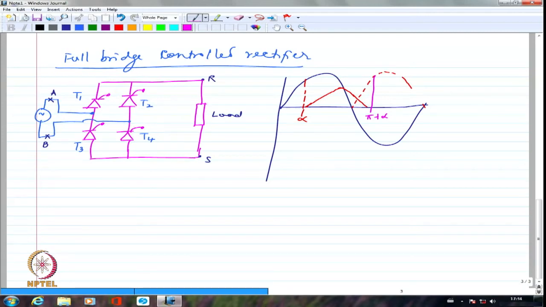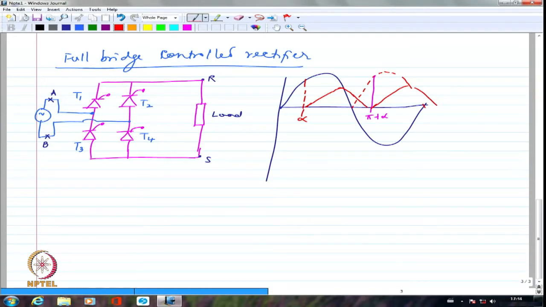If it is fired symmetrically, let us say in this particular case I have shown the current reaching 0. Then the current has to start again, and it might reach the same value and then come down again. This is how it is going to be if it is a highly resistive, very small inductive circuit. The inductance is really small, not good enough to sustain the current for much longer.